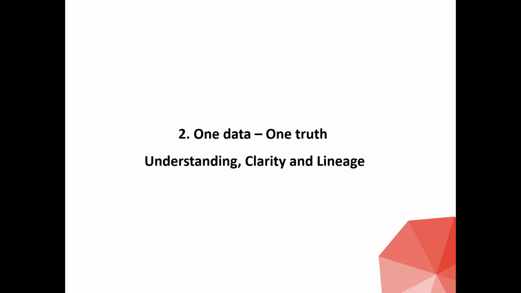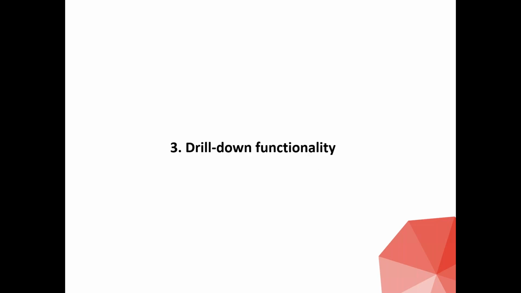One data, one truth creates general understanding and clarity regarding numbers when we look at integrated numbers, and it's also clear in terms of lineage for everybody. Where does the data come from? So there's no obfuscating with the numbers there.